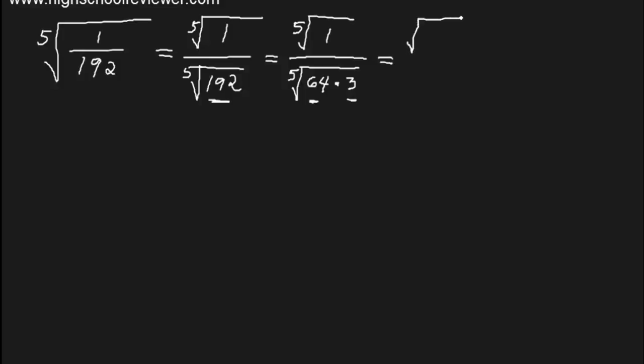Still copy this, 5th root of 1. For our denominator, we are going to convert them into exponential forms. So 64 will be equal to 4 raised to 3 multiplied by 3 raised to 1.